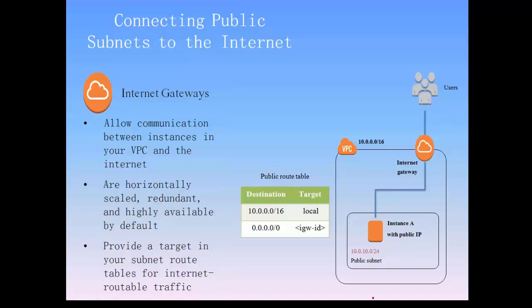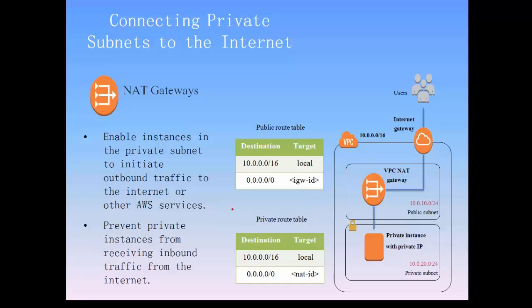I hope that is clear. Last time we did this scenario, but this time we are going to design and discuss this scenario. Suppose one EC2 is here and one EC2 is here, one in the public subnet and one in the private subnet. If it is in the public subnet, any user can access it from anywhere, and it can go to the internet.